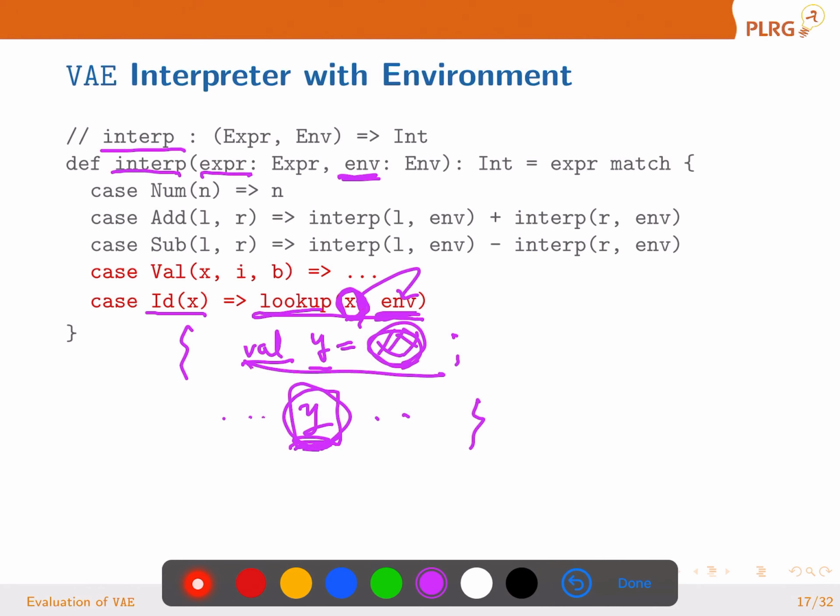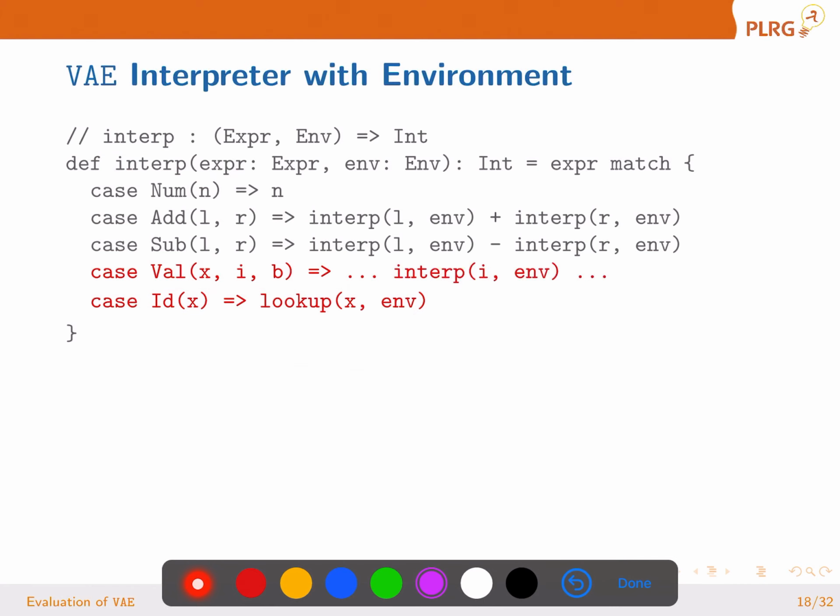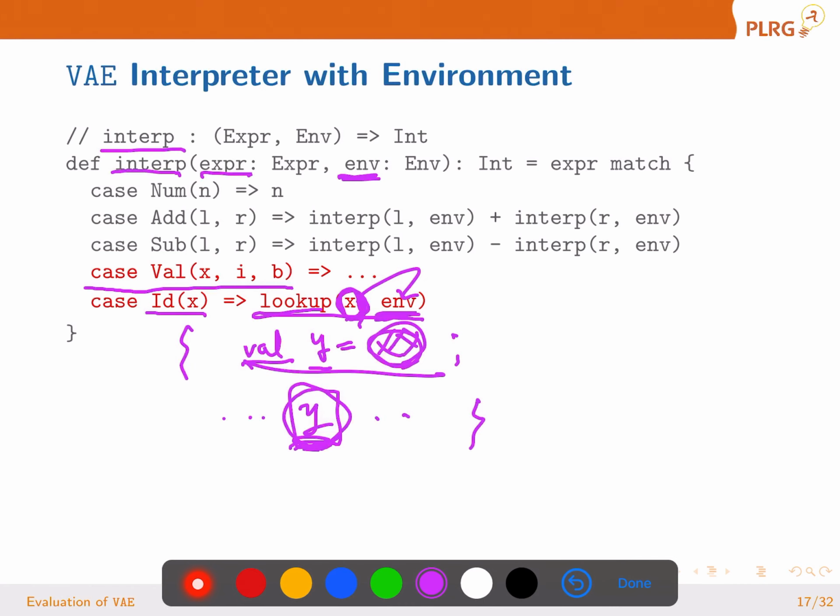And what is this one? This case. Now let's see how we can evaluate this expression one more time. That's going to be val x equals I semicolon b close. How do we evaluate this expression?